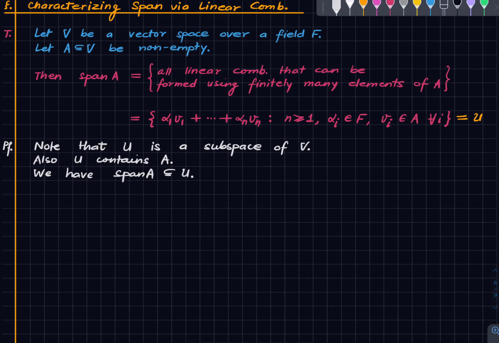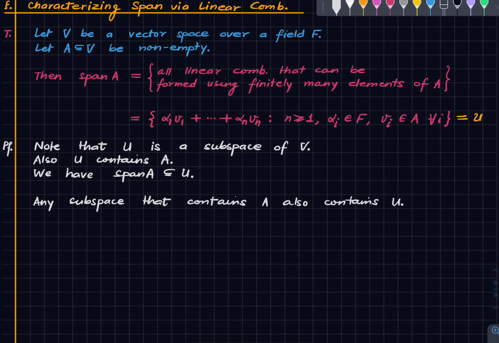So we need to do the reverse containment. But at the same time, since subspaces are closed under taking linear combinations, any subspace that contains A will contain U. So any subspace that contains A also contains U, again because subspaces are closed under taking linear combinations.